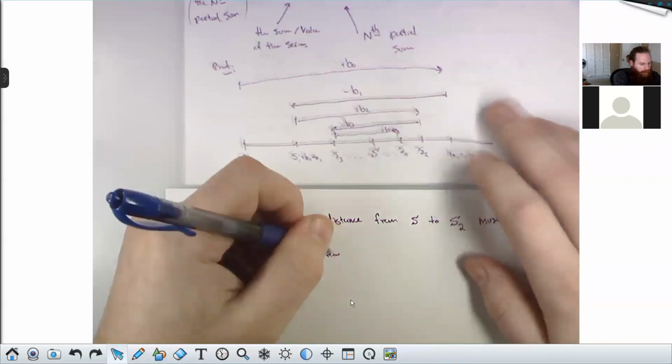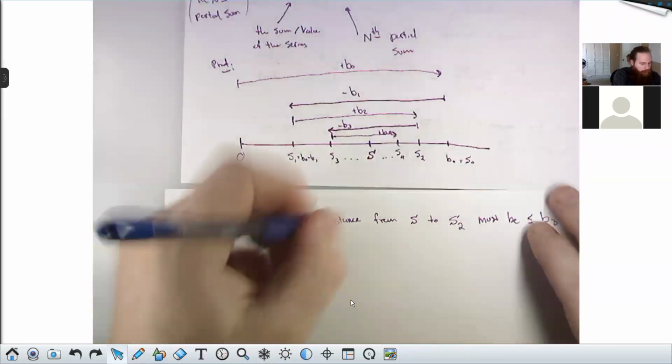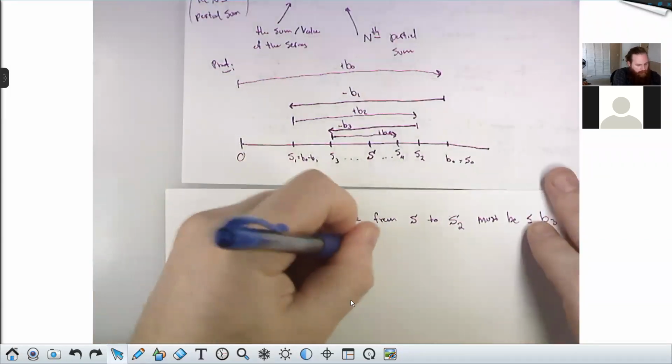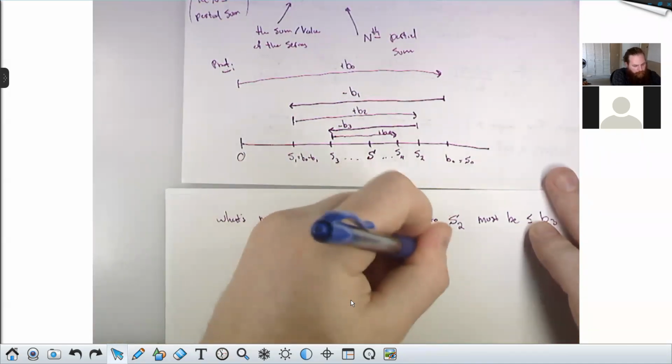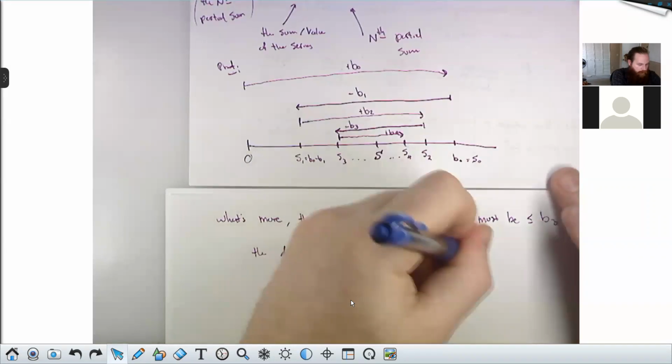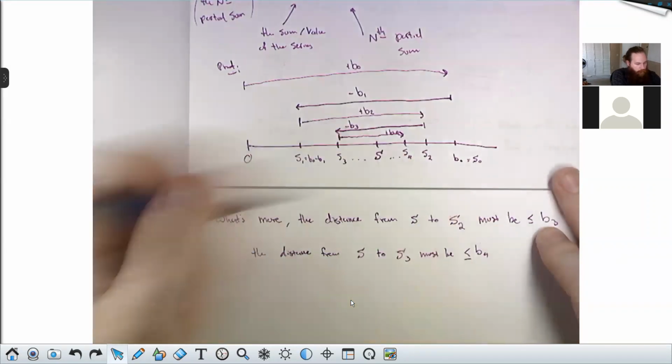The distance from S to S2 has to be less than B3. The distance from S to S3 must be less than or equal to B4.